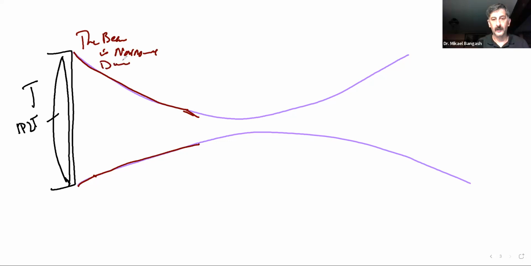Now what we say is narrowing down is that its diameter is decreasing. Clear? Is that clear, girls?